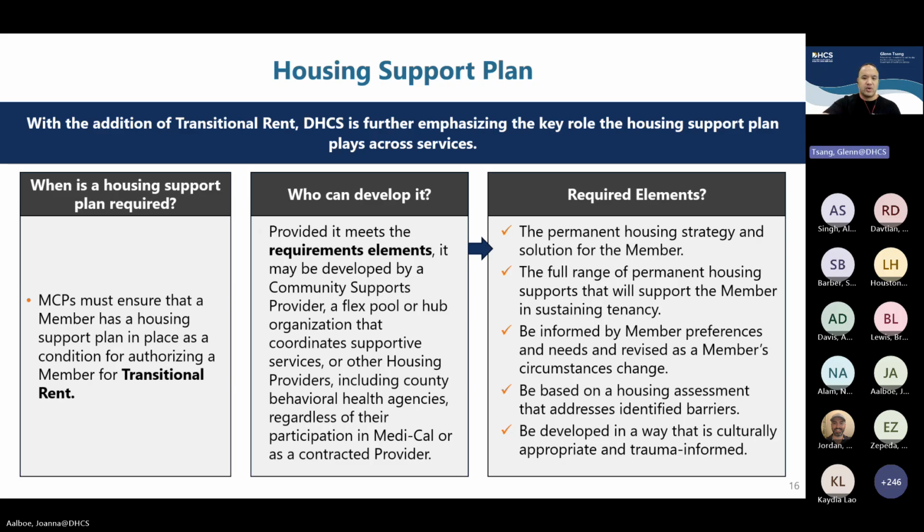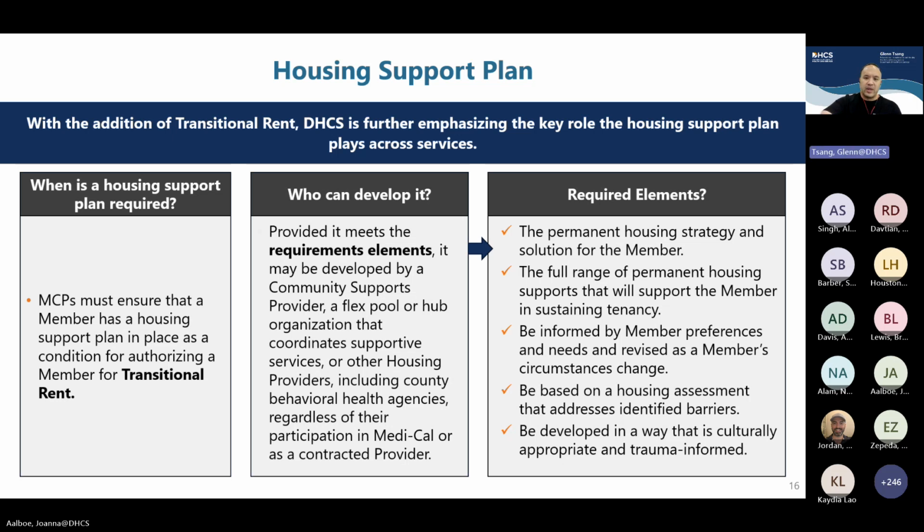The required housing support plan can be developed by a community supports provider, a non-Medi-Cal funded supportive services provider, or another type of provider. Whomever develops the housing support plan, it must include key required elements.